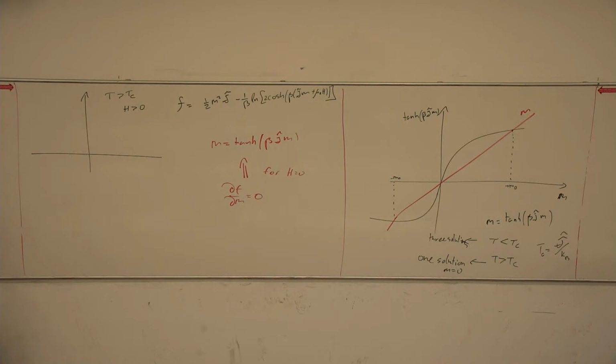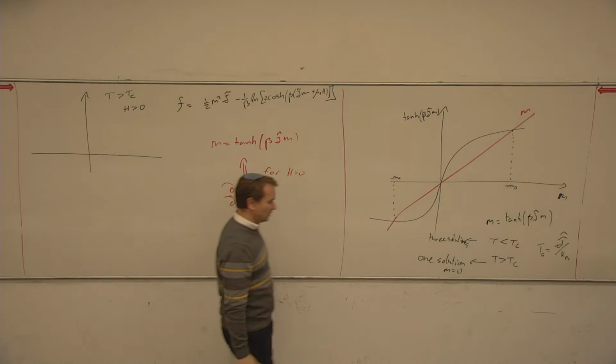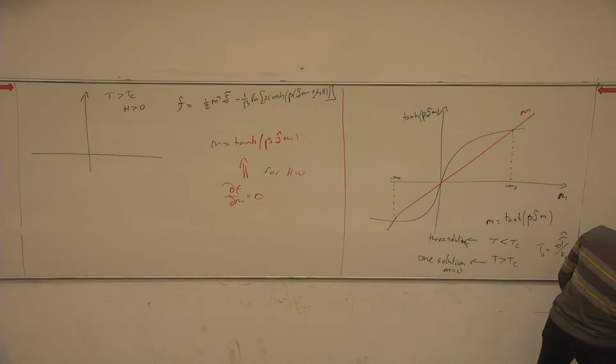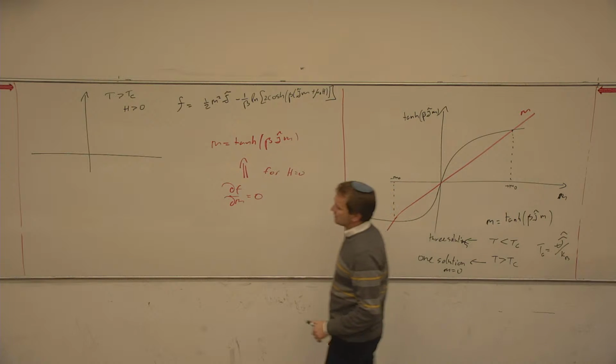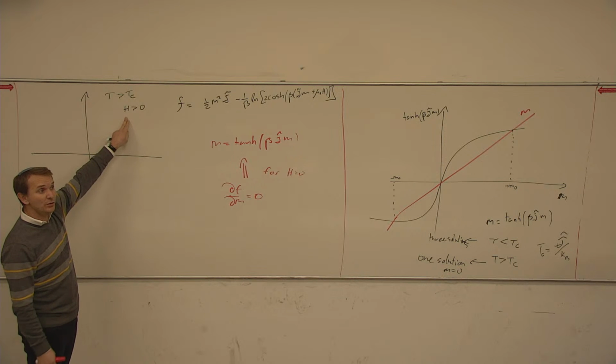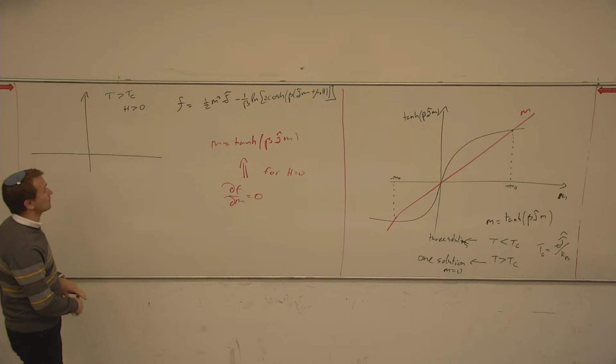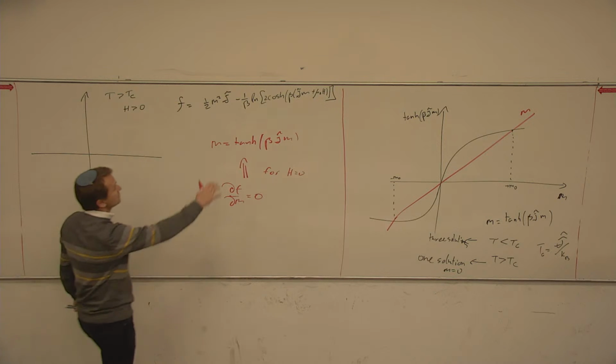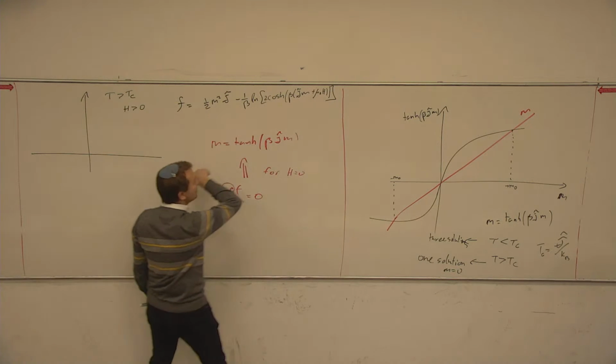This is the condition that we start with, and we know that the system has to be paramagnetic, right? But we have a non-zero external magnetic field.